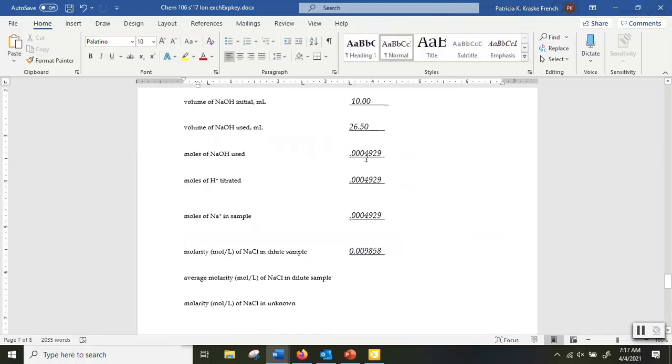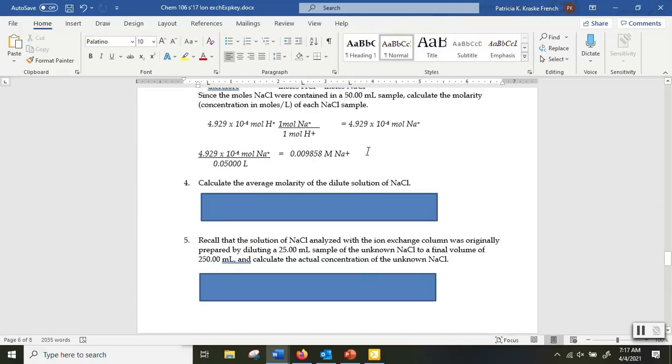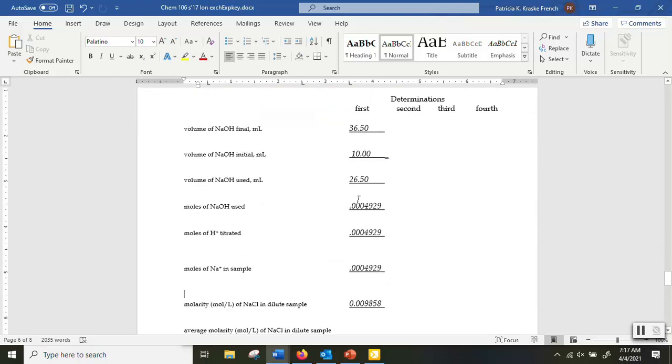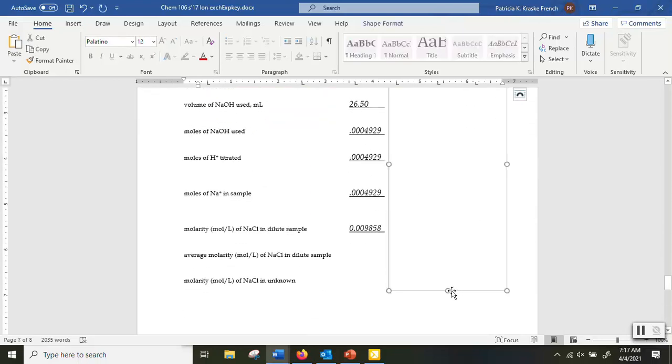Okay? Now that was pretty much all you had to do. But you did it 3 times, right? You had 3 samples that came off that column, and you did 3 titrations. So let's come down here and see what we had. Well, this again was mine.